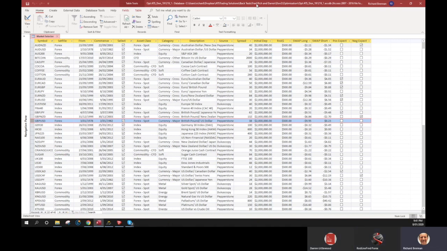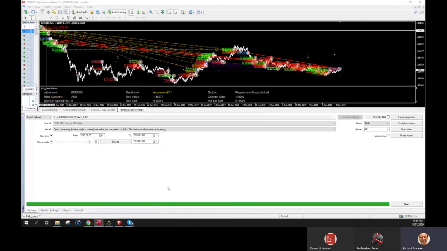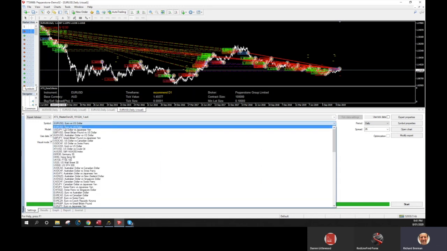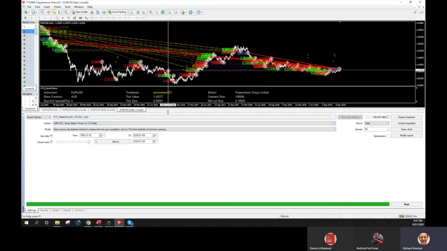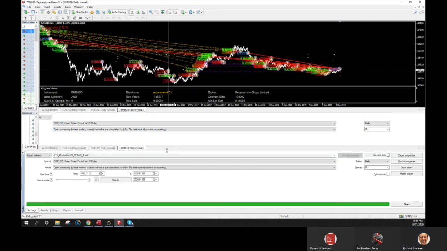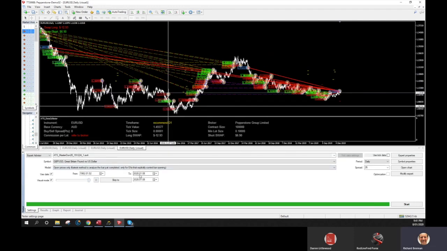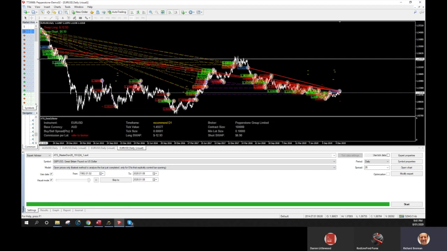So 2nd of the 1st, 1982. So I'll just put this in. We're using GBP USD, so 1982 up to current day. We'll just check the current spread.